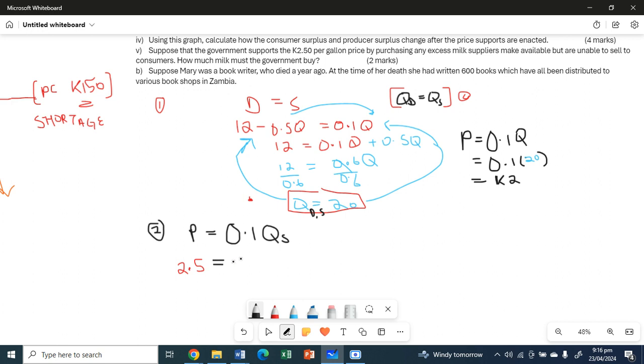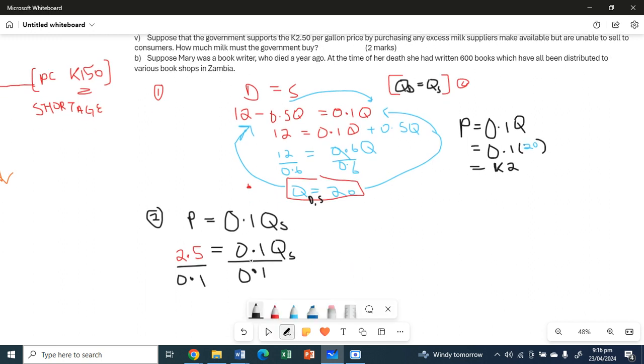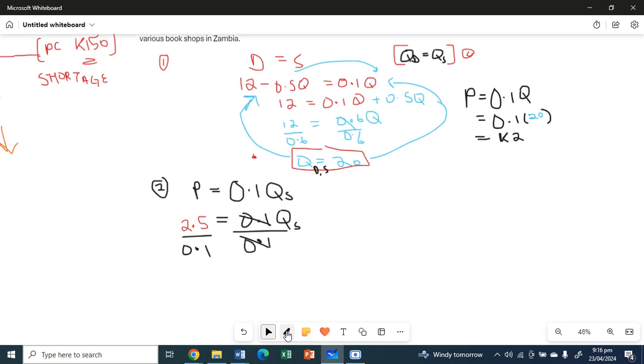We want to find QS. 2.5 divided by 0.1, you get 25 million gallons of milk. That is the quantity supplied.